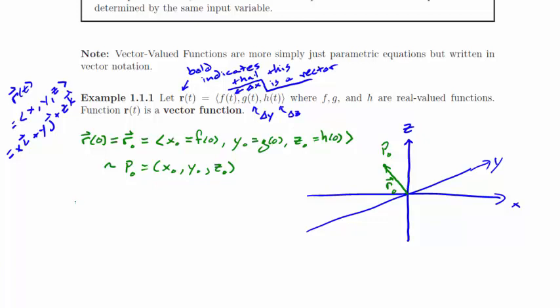So we could do this again for some other time, say when t is 1. And we'll call this r sub 1. And this is going to output the vector f of 1, g of 1, h of 1.